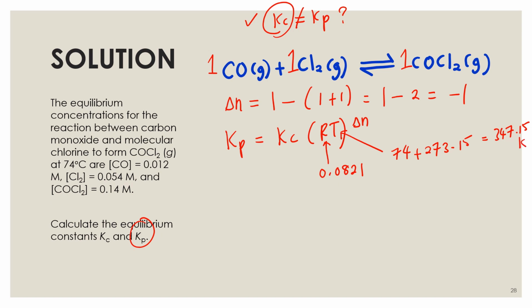Okay, so by having this, maka kita bolehlah cari value of Kp. So Kc is 216 darab dengan R times temperature, power of delta N, which is -1. So by doing this mathematical operation, you akan dapat Kp is 7.58.